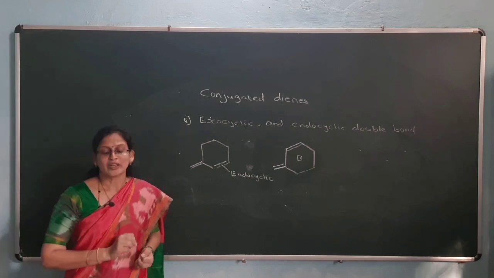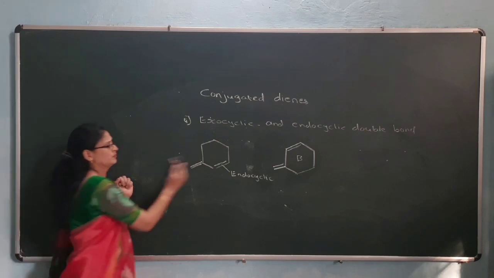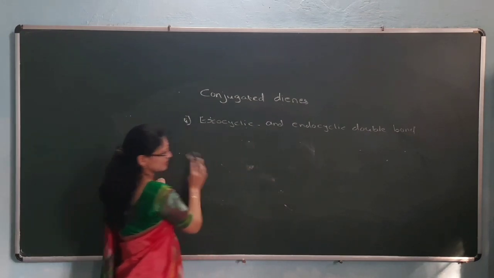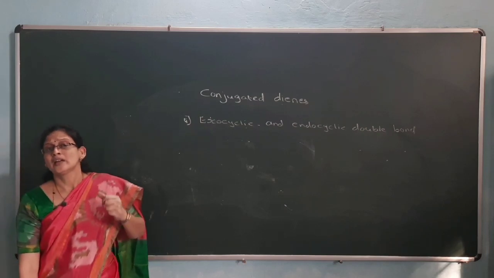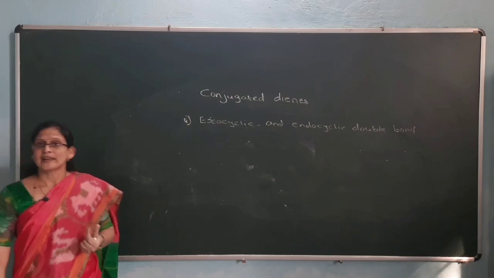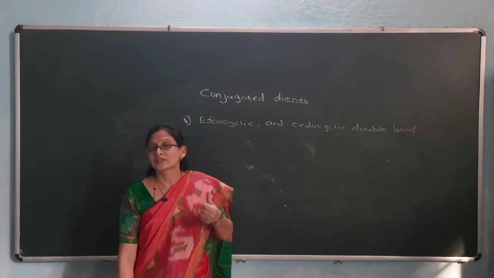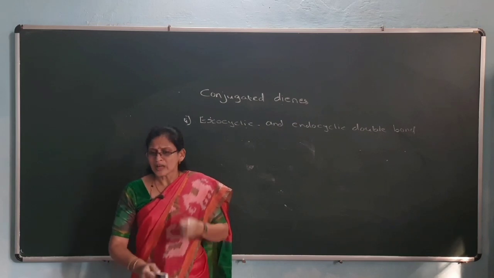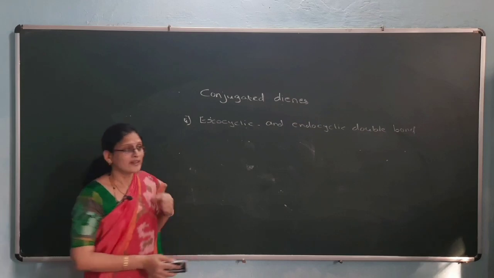So one more point you have to understand here about ring residue. There are only 4 types of conjugated dienes: alicyclic conjugated dienes or dienes containing open chain system, homoannular conjugated dienes, heteroannular conjugated dienes, and endocyclic and exocyclic double bonds. Now one concept you have to understand is ring residue. What is ring residue?